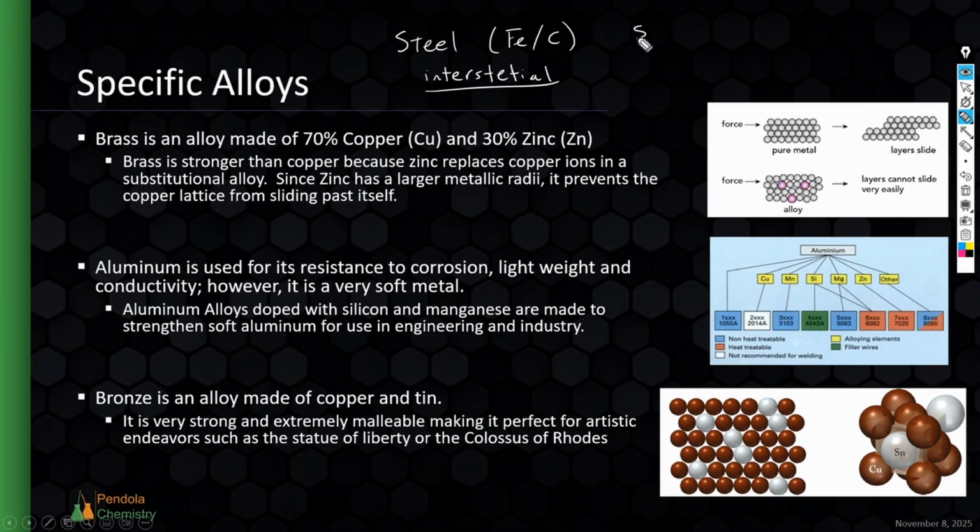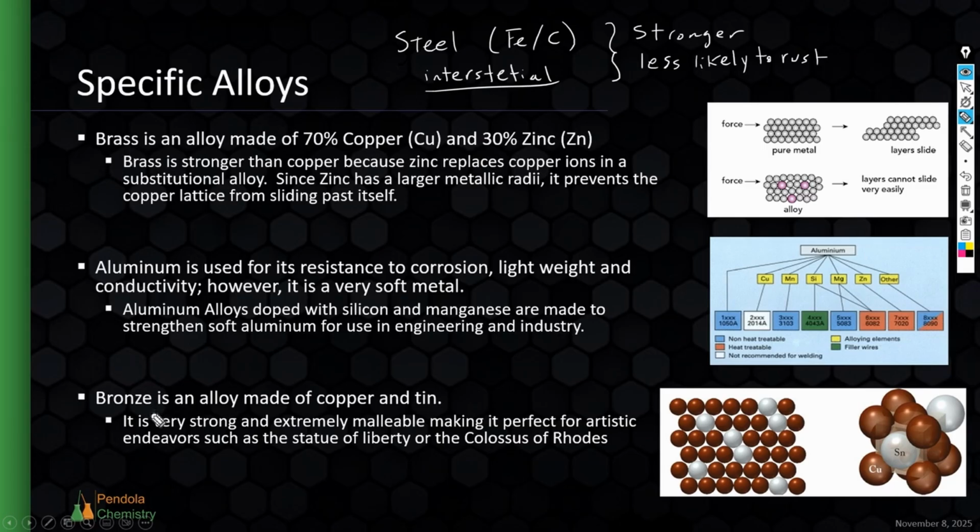So it makes it stronger than iron, and less likely to rust, which is why steel is such an important alloy in construction.